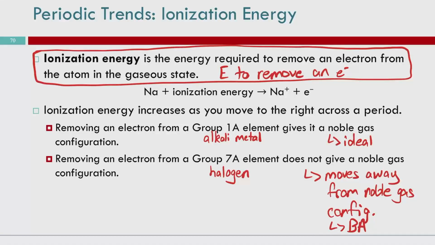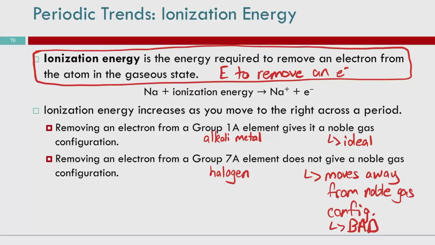And to the element, this is very bad. This is the wrong direction. Looking at our halogens, they want to gain an electron. We are doing the opposite here. We are taking an electron away, and they get very upset at that. They do not like it.